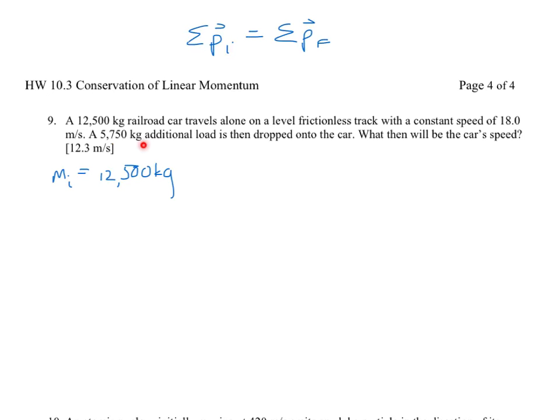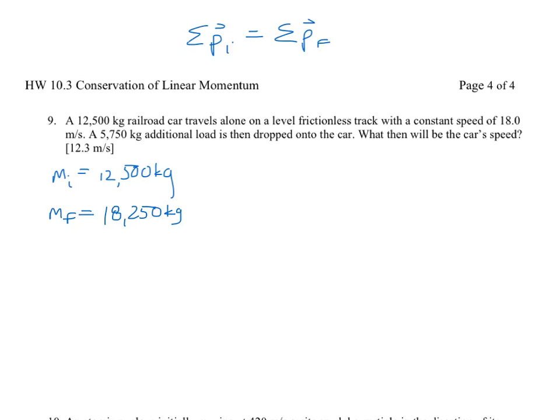So the final mass, M final, would be 18,250 kilograms, if we add 5,750 to that 12,500. So the mass of the car is actually changing.